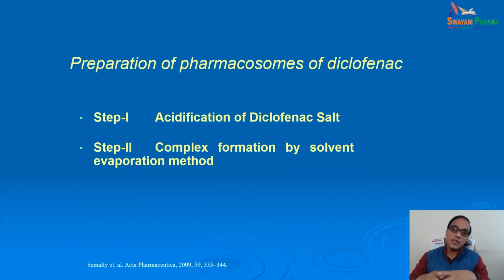So let's see that in case of diclofenac, as we discussed in the preparation method, acidification of the diclofenac salt is mandatory and is step 1 for moving on to the synthesis part. Then in equimolar ratios we complex the drug and the phosphatidylcholine. PC80 we took, phosphatidylcholine of 80% purity.